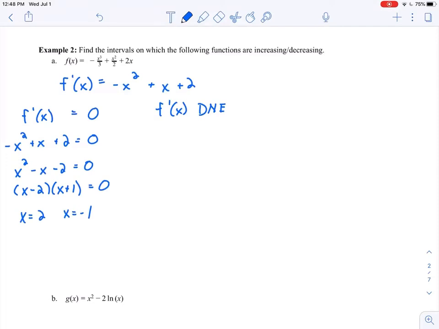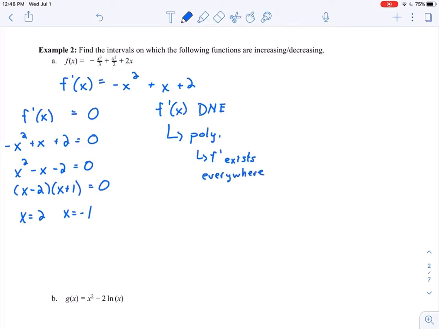So hold on to that thought, because we also need to consider the case where f prime of x does not exist, places where our derivative does not exist. But look at f prime. F prime in this case is a polynomial, which means that f prime exists everywhere.